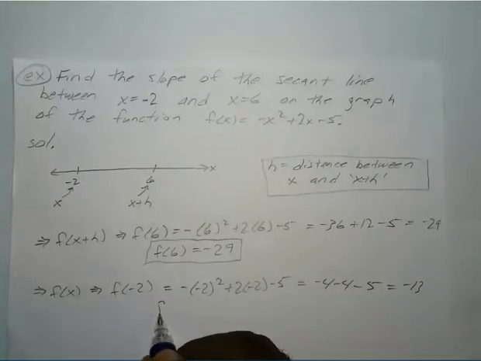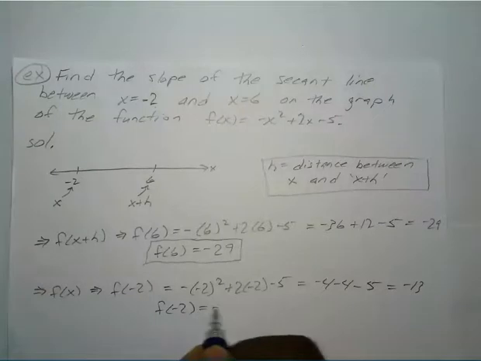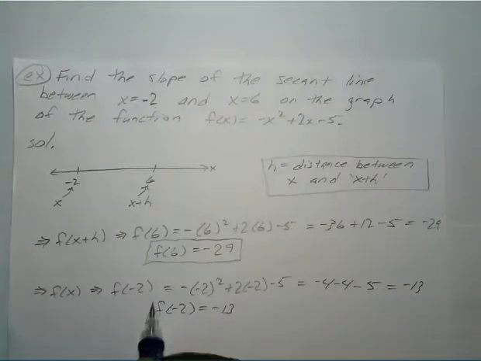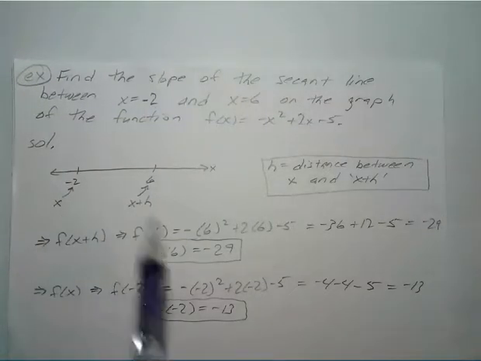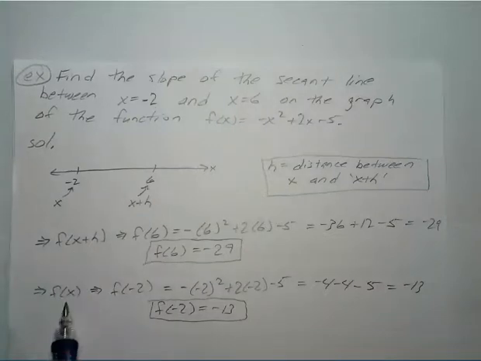So we know that our f of -2 is equal to -13. Again, that's going to come in handy, so we're going to go ahead and mark that.